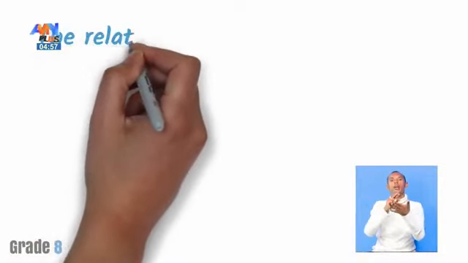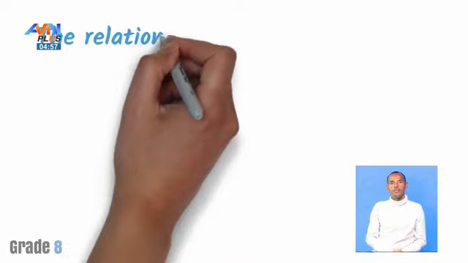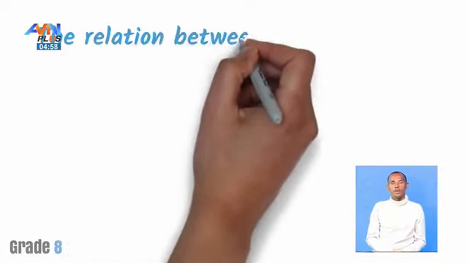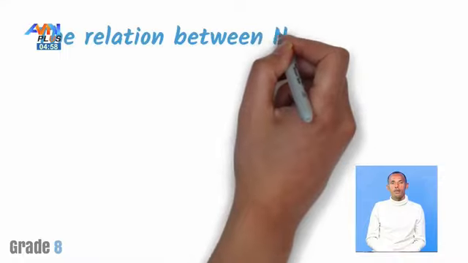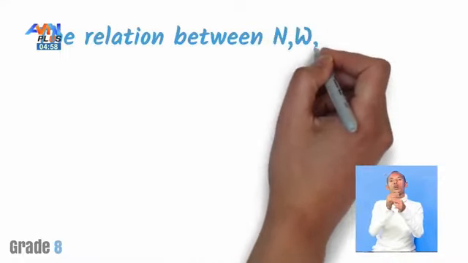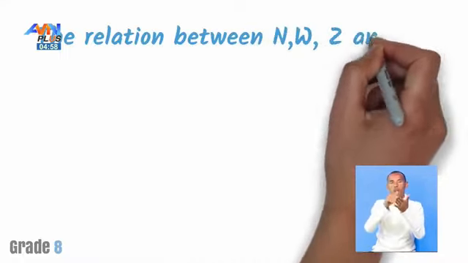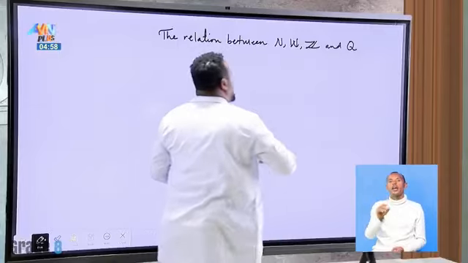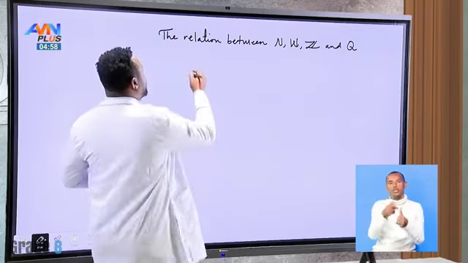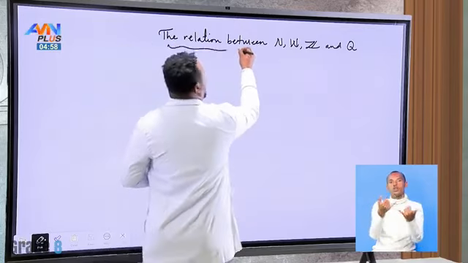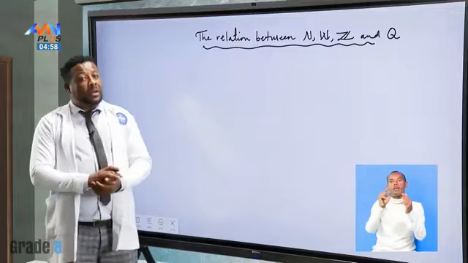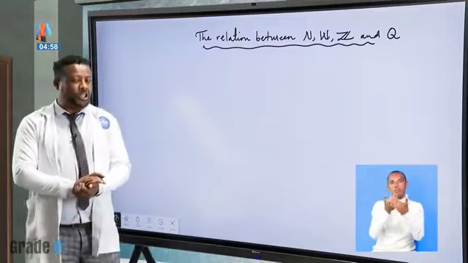The relation between natural number, whole number, integers, and rational number. Okay, so this is the first point of discussion for today. We have seen different number systems in our previous discussion.